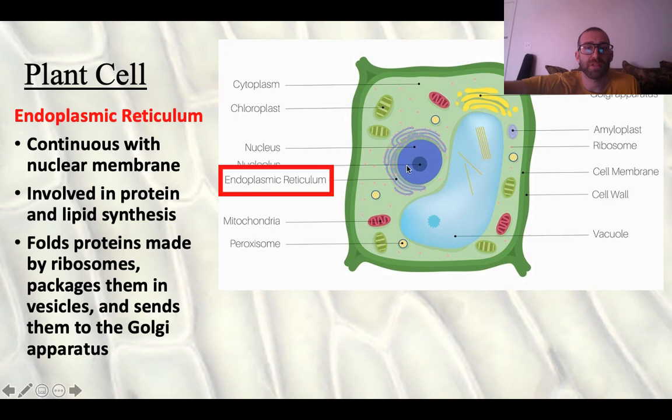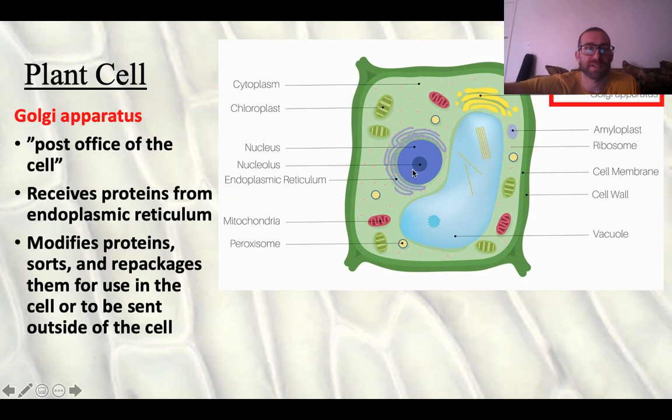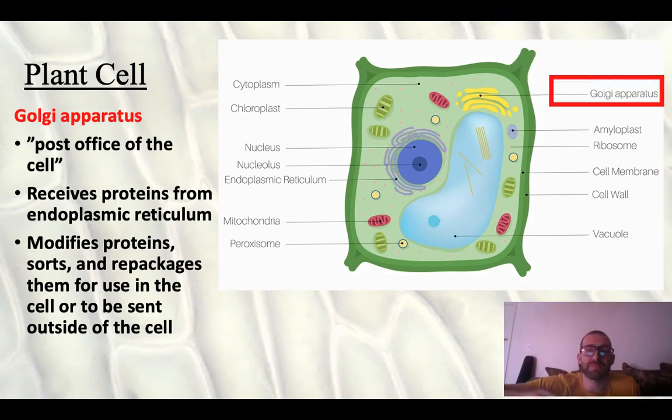The Golgi apparatus is the post office of the cell. It receives the proteins, then modifies them, sorts them, and repackages them for either use in the cell or to be sent out of the cell to somewhere else.